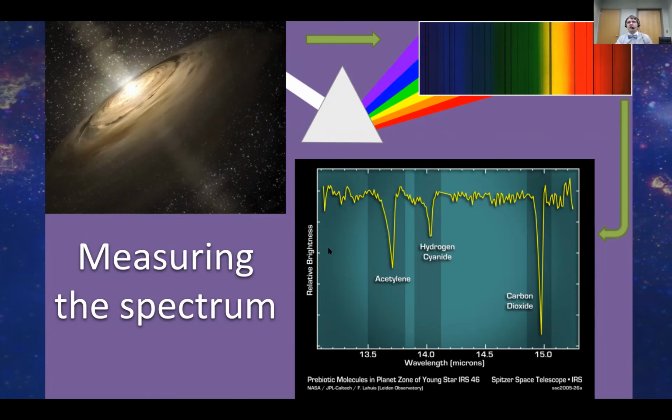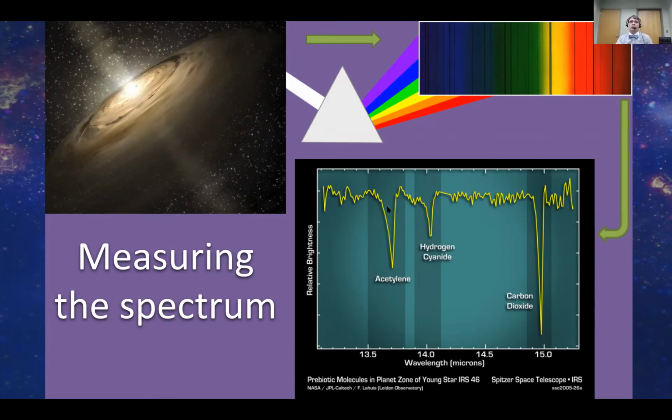Now this graph is actually looking in the infrared light, but you can see there are some big dips, and those dips kind of correlate with where some black bars would be if you were to look at it with your eyes. And if you look at the patterns, you can figure out that the presence of certain chemicals might create dips.